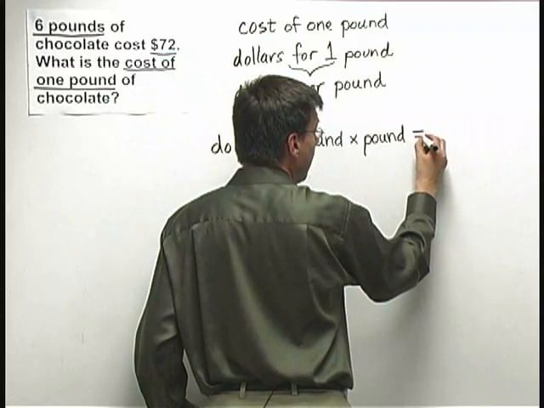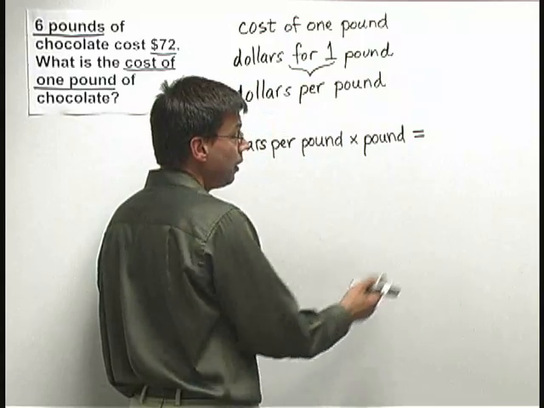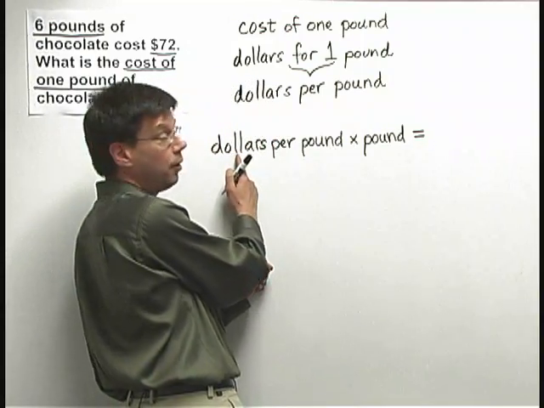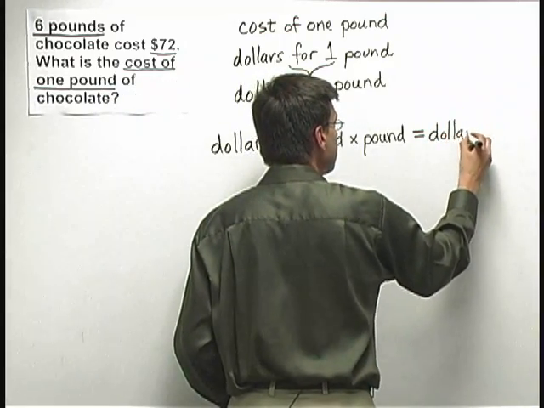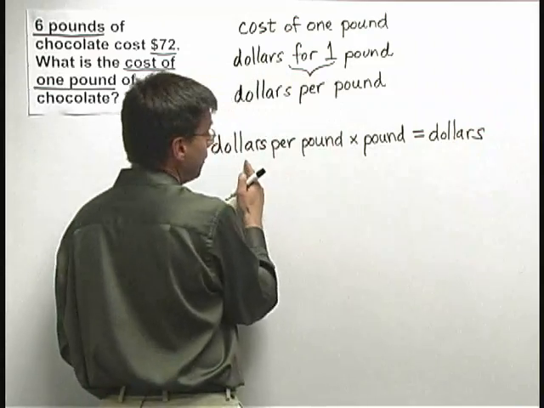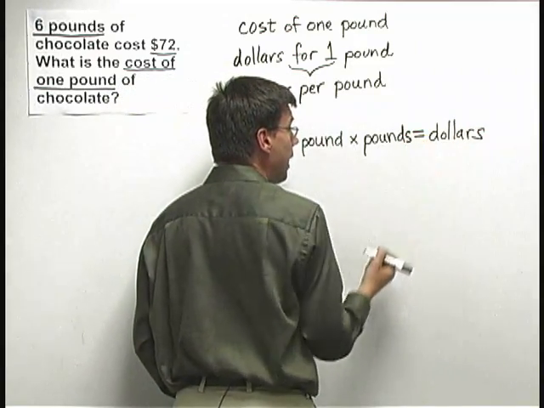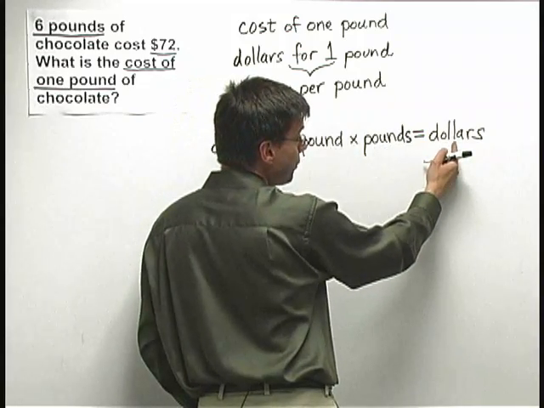After I multiply, I end up with an answer that's a quantity whose units are represented by the word in front of the per. That's dollars. Dollars per pound times pounds, I'll write an S on pounds because that could be any number of pounds, equals dollars.